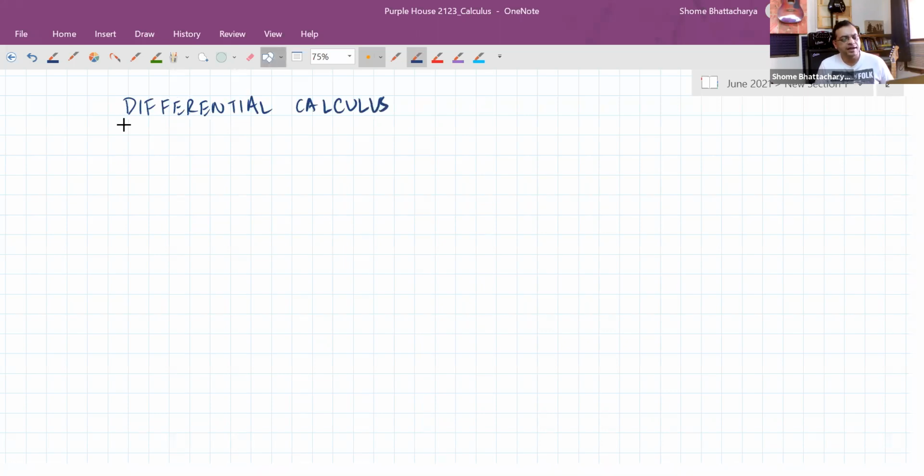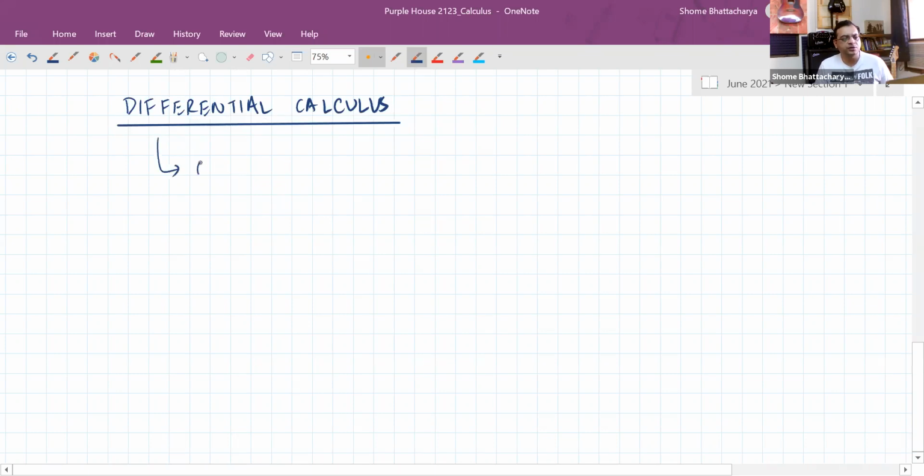So it's a new branch of maths, part of the overall branch called calculus, which is to do with calculation of instantaneous rate of change. So it gives us an operation to calculate the instantaneous rate of change.